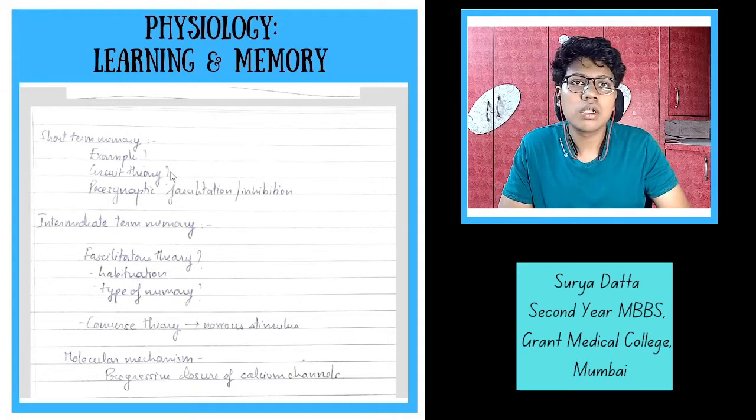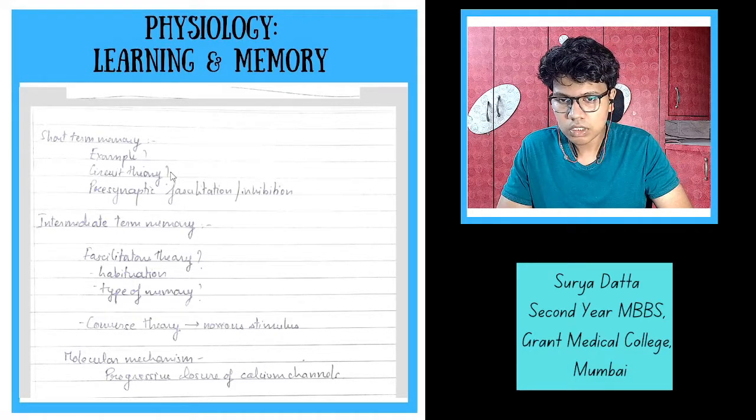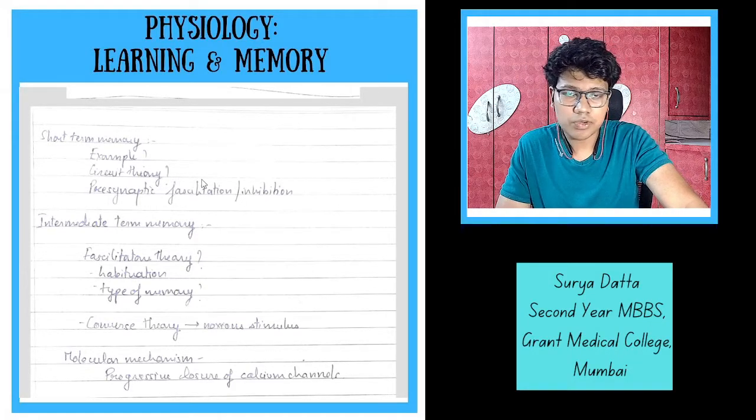Imagine that you're working at some place that requires you to remember a set of numbers, let's say a 10-digit number. How would you go about trying to remember them? You would repeat them over and over in your head, right? You try to find a pattern. So when you repeat it over and over, that's short-term memory.